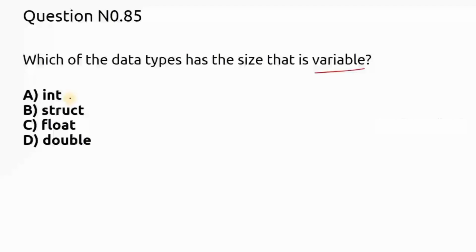And of course unsigned is fixed, float is primitive, double is also primitive. That's why the size of these data types will not be changed, whereas struct, which is a collection of heterogeneous elements where you may find different data types, that's why the size will be varied here.